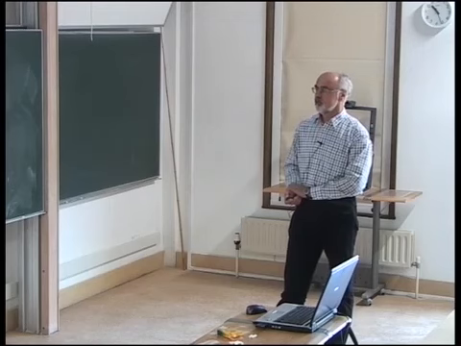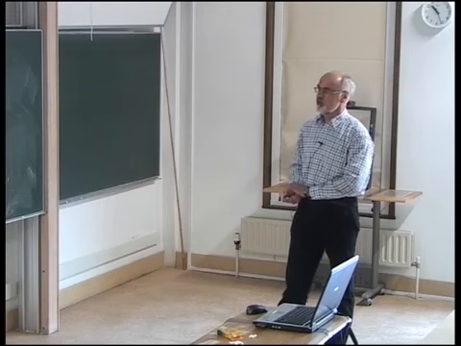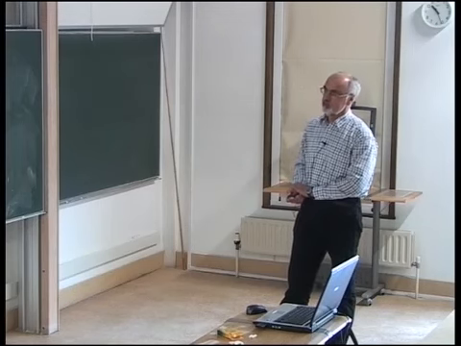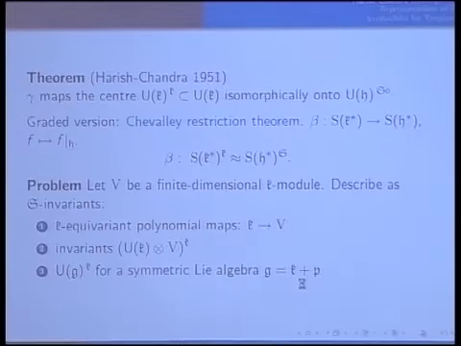And we have a projection gamma of the enveloping algebra to the Cartan subalgebra, according to this decomposition. And the statement by Harish-Chandra is that this gamma maps the center to the invariant polynomials on the Cartan subalgebra, invariant with respect to the shifted action of the Weyl group.